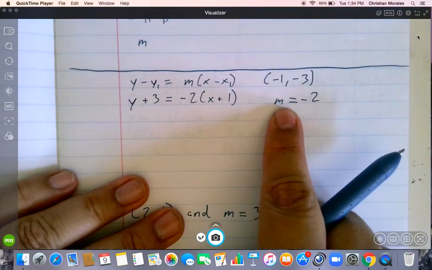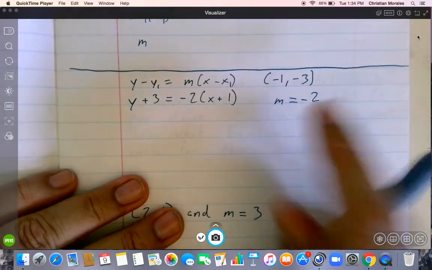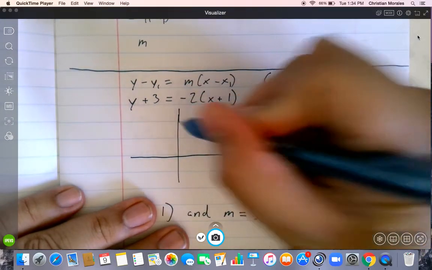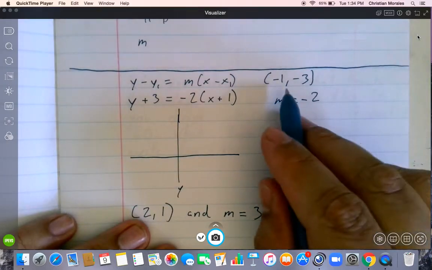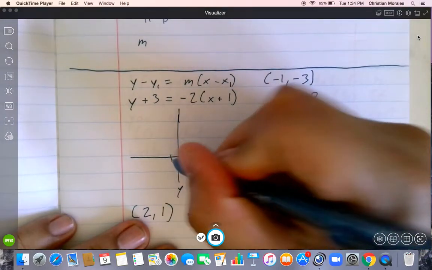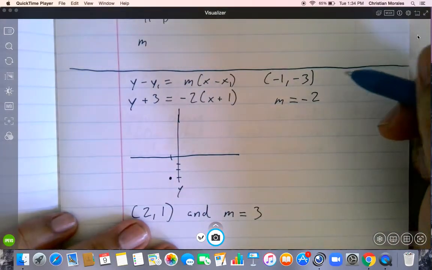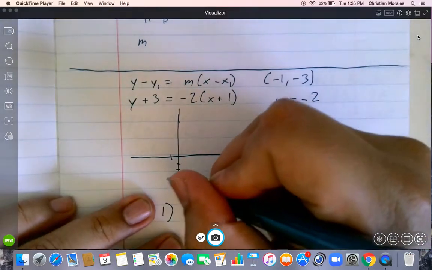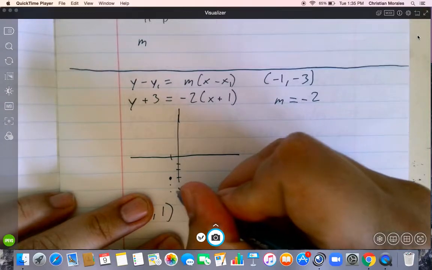So this is the information in the equation. There's your point and there's your slope. So if you're going to graph it, you're not going to start on the y-axis because you can't. You don't know what the y-intercept is. So you're going to start with this point, -1, -3. That's your point. And then you have to use the slope. So in this case, the slope is -2, so it's going down 2 over 1.